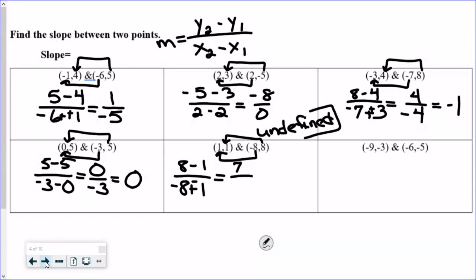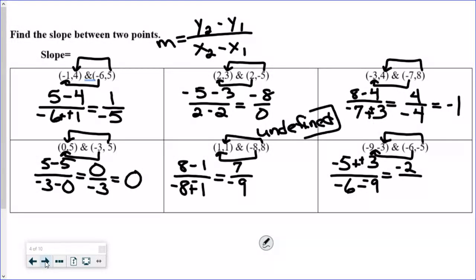Do the keep, change, gives you -9. That is not reducible. And the last one of these, y sub 2 minus y sub 1, x sub 2 minus x sub 1, keep, change, gives me a -2. Keep, change, gives me a +3, and that is not reducible. So there you go for slope.